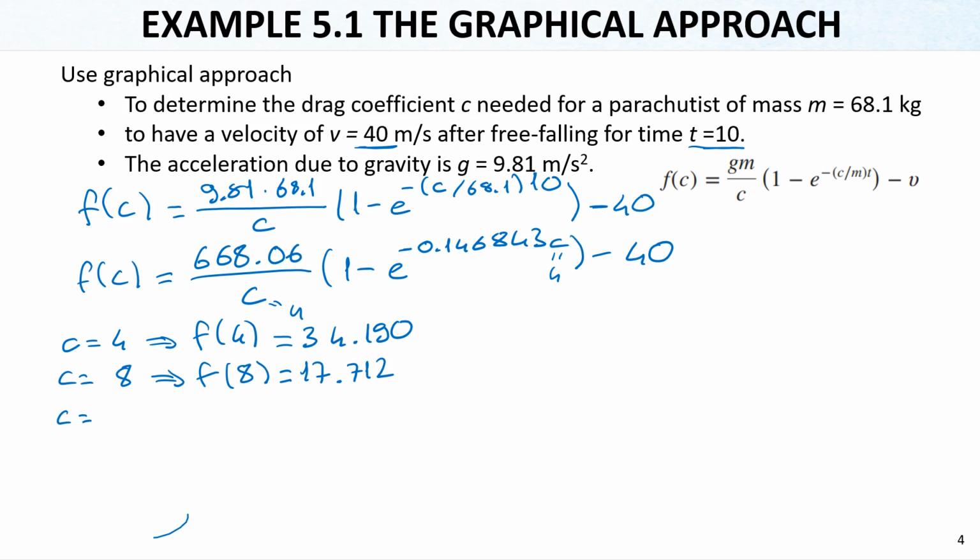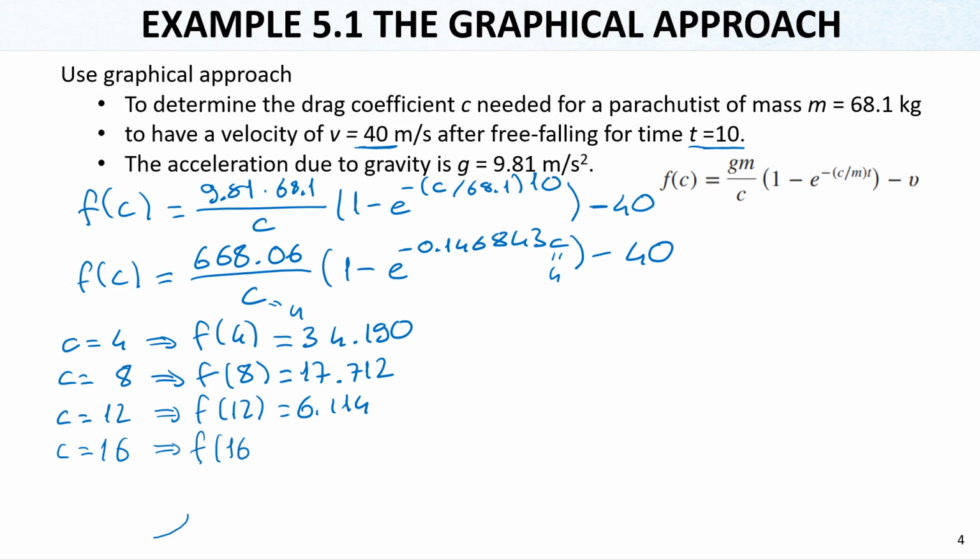If c is 12, f(12) is 6.11114. If c is 16, by doubling I meant adding 4 each time to the c value, so that we will have these values.